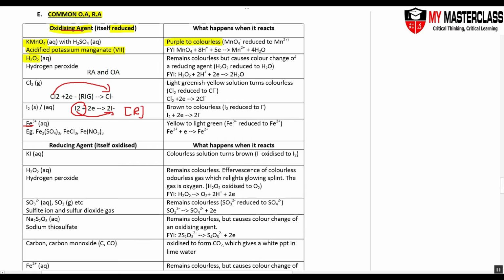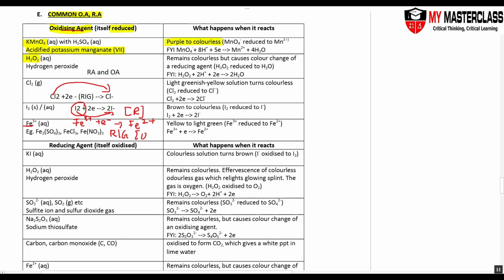Iron(III) itself is an oxidizing agent. It can be reduced to iron(II). So your common equation will be Fe3+ plus electrons to give you Fe2+. When it gains electrons, again, reduction is gain.